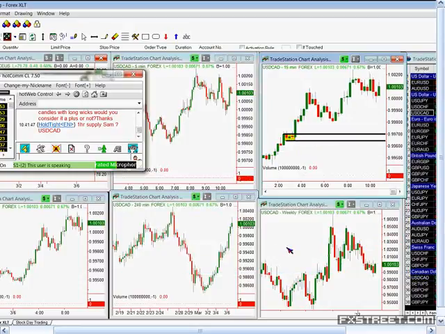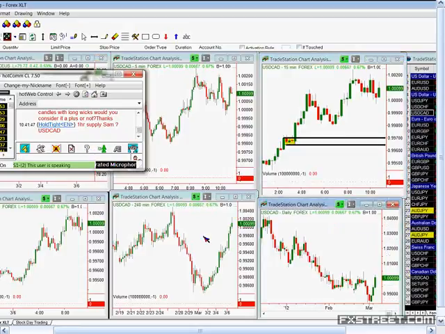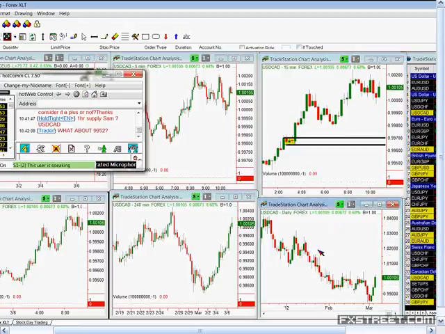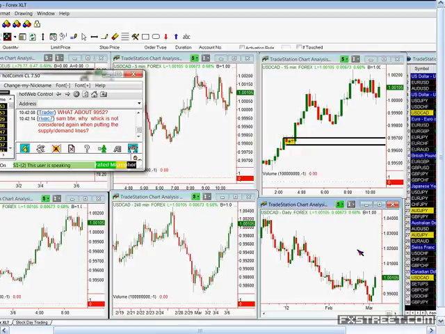So on the weekly, let me go to the daily. Yeah, so on the daily, now I'm glad that this is not that close to current price. It's actually not that far, but look where we've come on the daily.